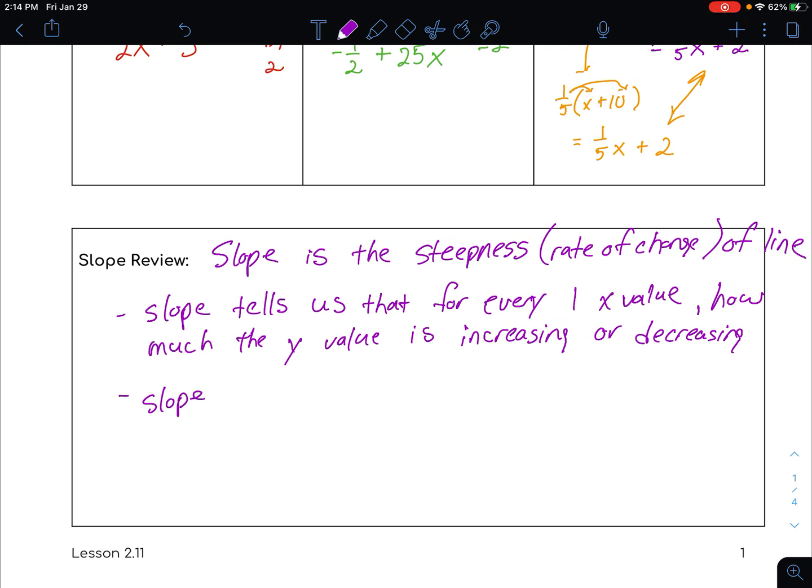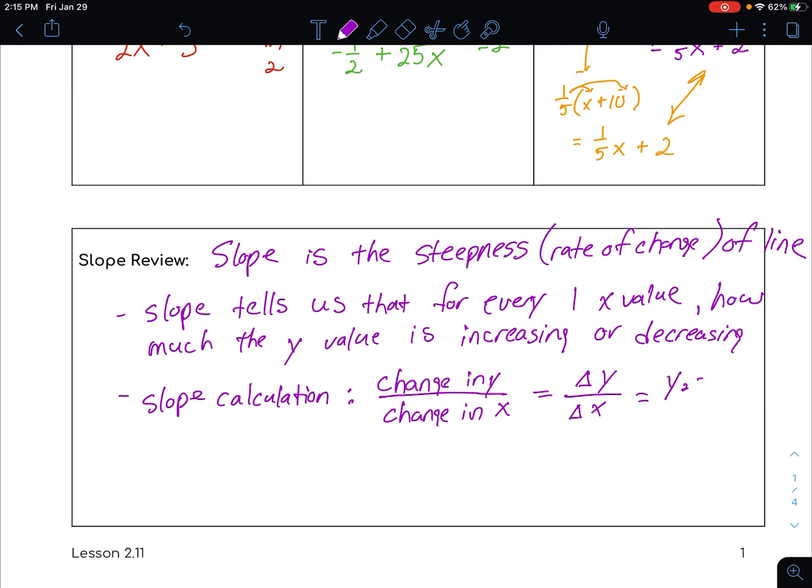The slope can be calculated, so let's say slope calculation. We think of it as a change in the y, how much the y is changing, divided by a change in the x. So it's a ratio between the change in the y and the change in the x. That's sometimes referred to as delta y over delta x.